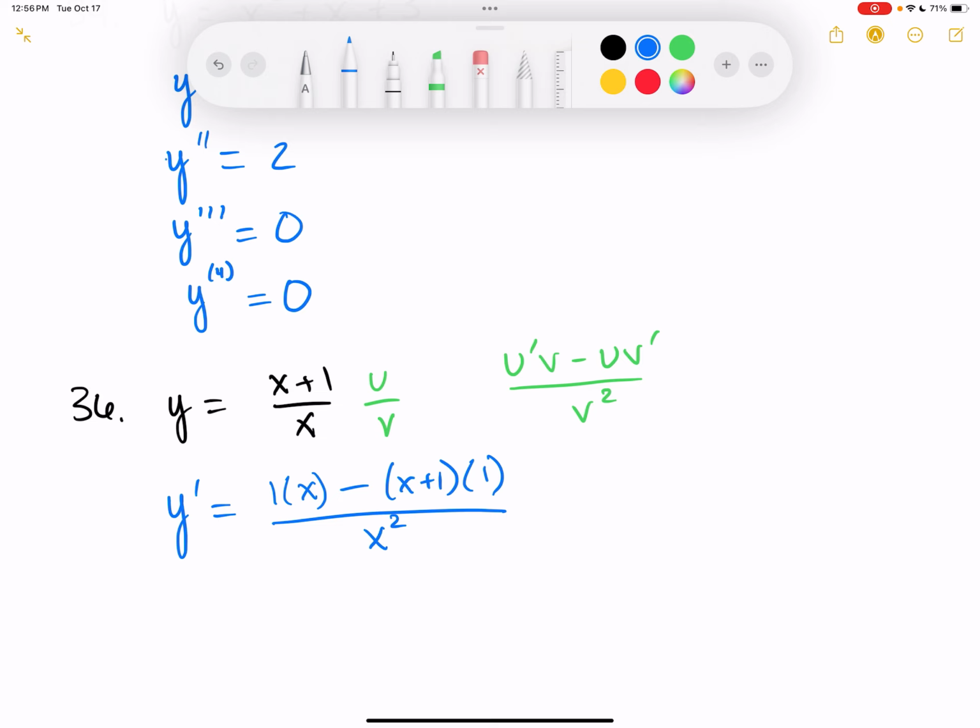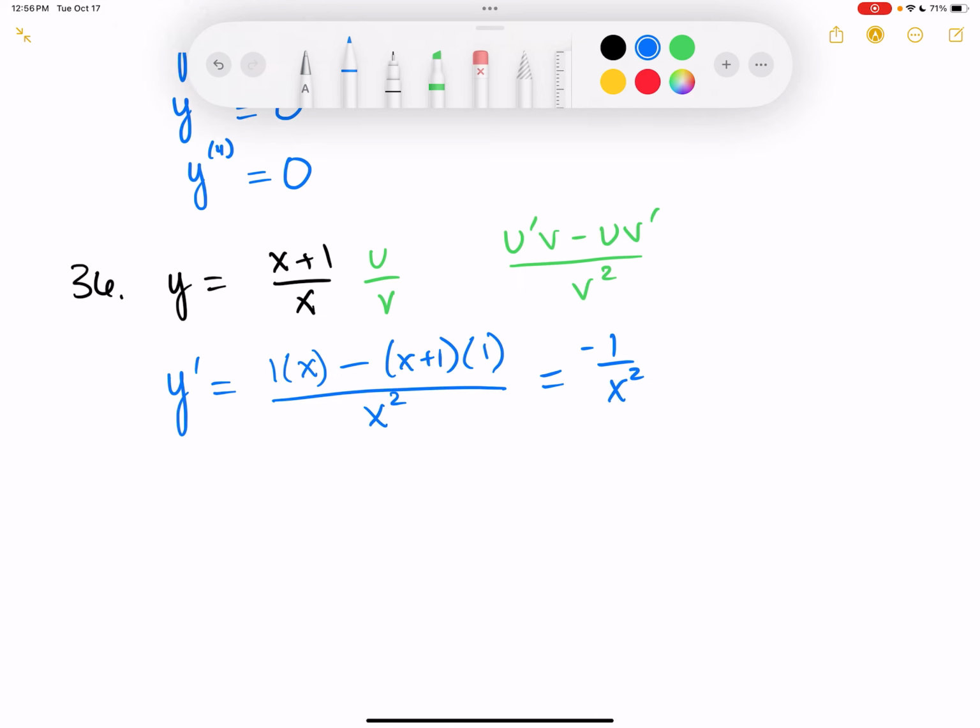So now this is x minus x, and then that's 1, so this is going to be negative 1 over x squared. Okay, because the negative goes on the 1 over here as well. So basically, the x terms are going away, and I'm just left with x minus x, and then minus 1. So now I'm taking the derivative of this negative 1 over x squared.